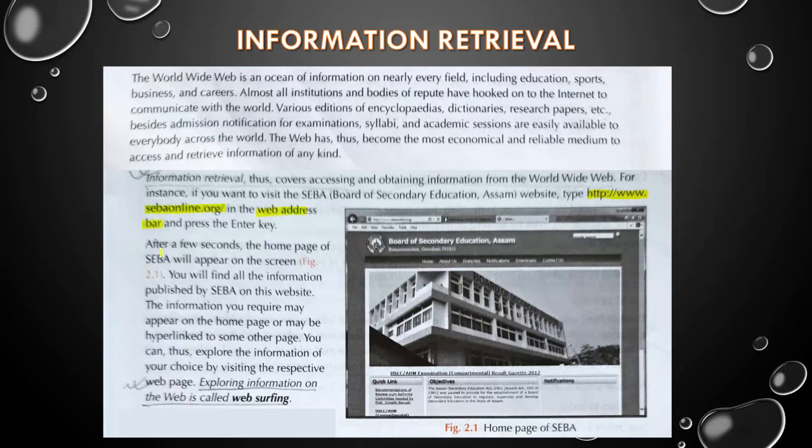After pressing the enter key, after a few seconds, the SEBA home page will appear on the screen, which looks like this. And you will find all the information published by SEBA on this website.